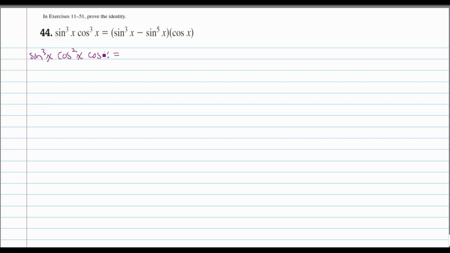Now I have that singleton cosine of x, which looks like I need it in the end result, so I'm going to keep that in mind, that that's going to stay, and I don't want to change it in any way. Cosine squared is 1 minus sine squared of x. Now I can distribute in: sine cubed of x minus sine to the fifth of x times cosine of x equals just that.